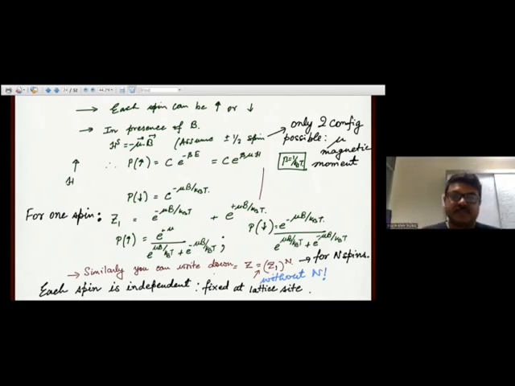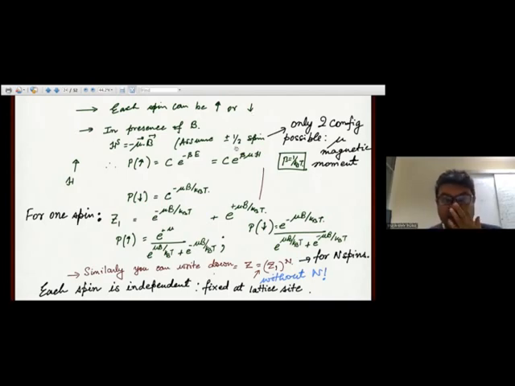You have other terms in the Hamiltonian, but we are focusing only on the spin magnetic moment interaction. This was the Hamiltonian H_S for spin. We are focusing only on the presence of a magnetic moment and an externally applied magnetic field. For simplicity, assume that the magnetic moment can point only up and down, so it's quantized in that sense.